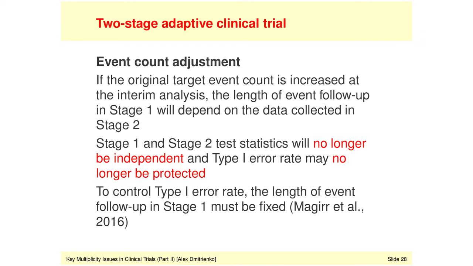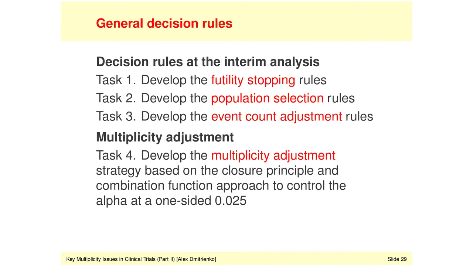The trial sponsor can potentially wait until the interim analysis, and then the sponsor can specify the length of additional follow-up for all patients who are included in the stage 1 dataset. For example, the sponsor may state that all stage 1 patients will be followed up for 6 months after the interim analysis, and once that trial milestone occurs, all events in the stage 1 dataset will be censored.